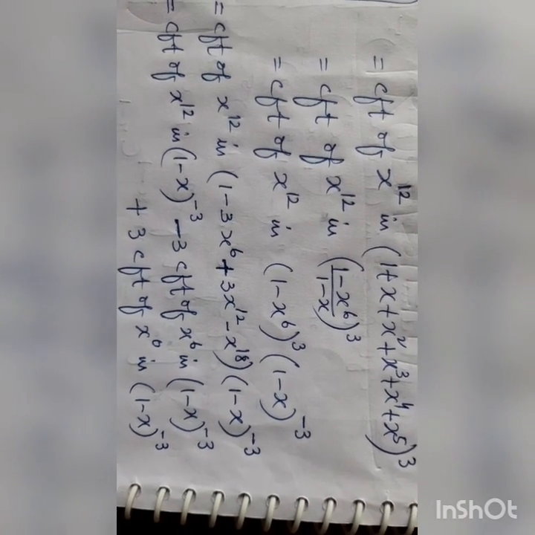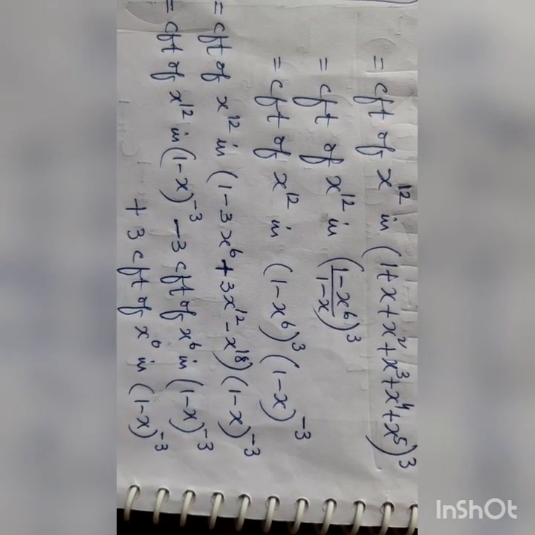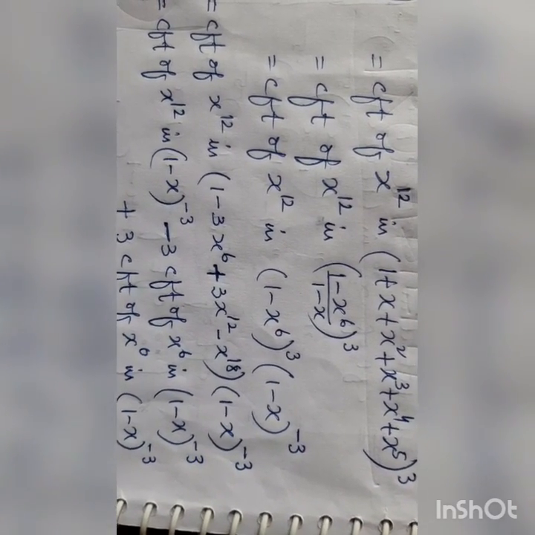Coefficient of x power 12 in 1 minus x power 6 whole cube, that is 1 minus 3x power 6. This is a formula you know, a minus b whole cube, a cube minus b cube minus 3a square b plus 3ab square. And 1 minus x whole power minus 3.